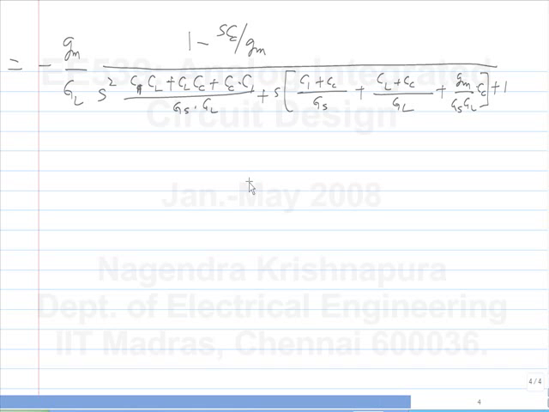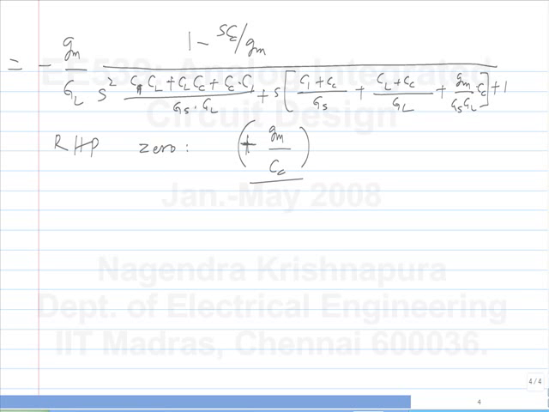So I urge you to pay attention to the results of this, not just calculating it, but also figure out what happens when you change different quantities. Okay. So it has a right half plane 0 at basically gm by Cc. Okay.